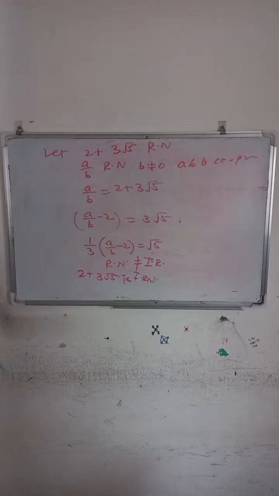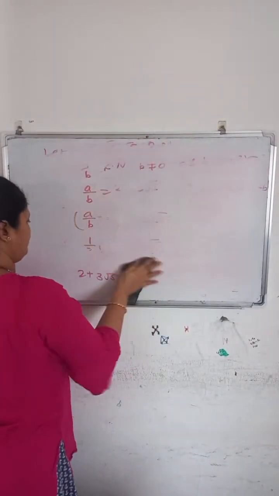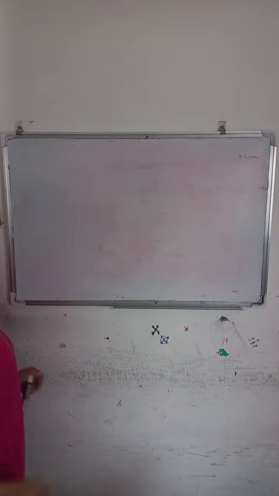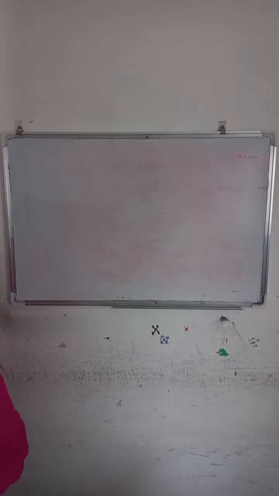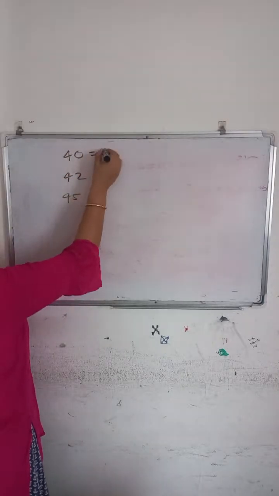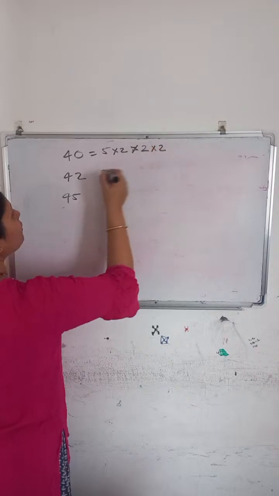The numbers are 40, 42 and 45. So 5 into 2, 10, 10 into 2, 20 and 20 into 2, 40.